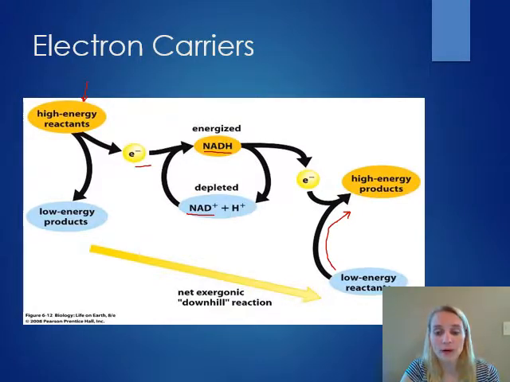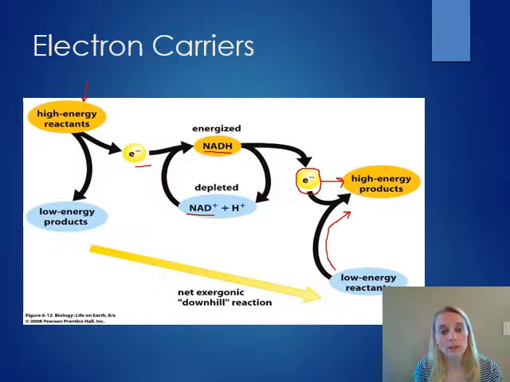The low energy reactants need to make high energy products, and here is the high energy that's going to go into that product. So this would be like photosynthesis, or this could be cellular respiration, where we're stripping the electrons away from glucose. NADH is temporarily holding on to them, and then we can use that to make our ATP by cramming that third phosphate group onto it. We'll see that actually is the case when we take a look at cellular respiration.